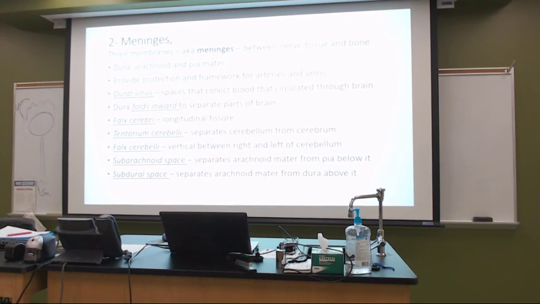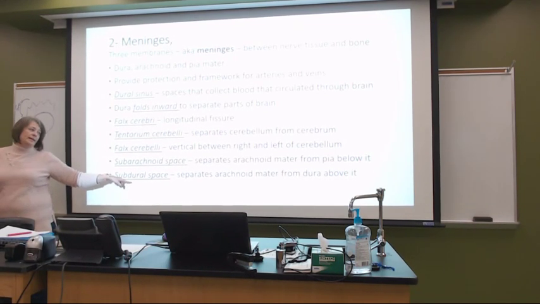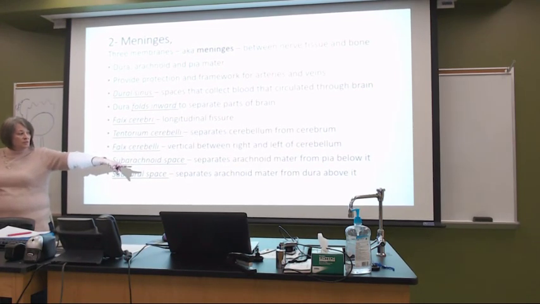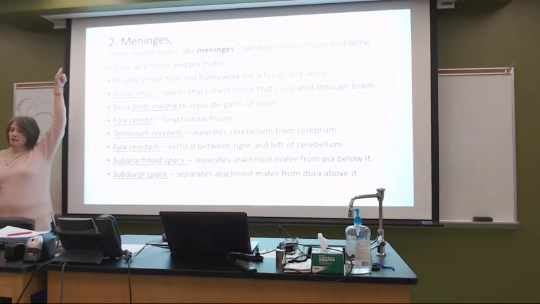That means that the pia mater is, I wouldn't say stuck, but the pia mater is actually running every single groove, nook, cranny, everything of this tissue. Dura is the outermost one. All right? We get a subdural space where we get the arachnoid mater separated from the dura.